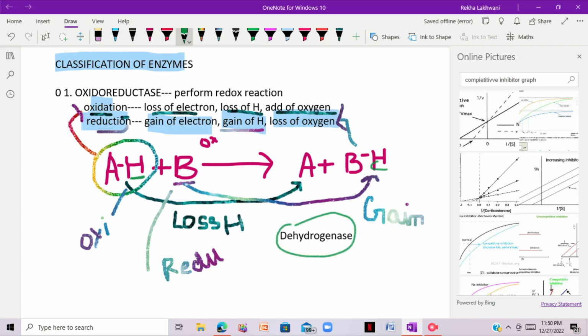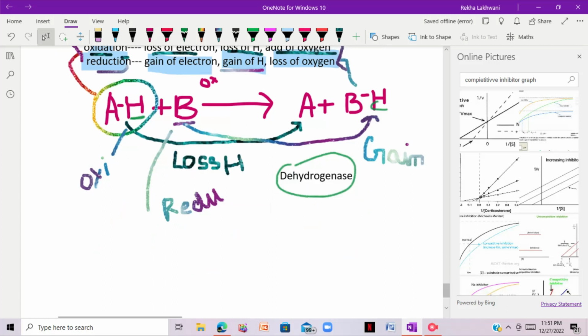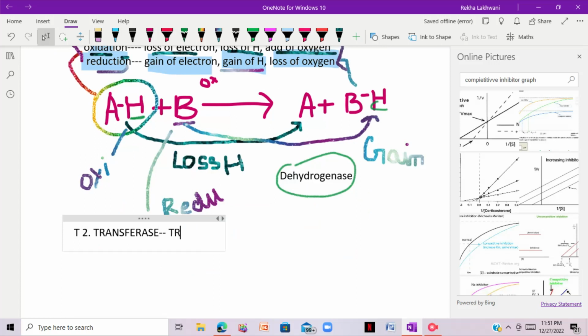Basically, what it actually does is it transfers one group of molecule to other. But the group should be anything except hydrogen, because if it's hydrogen, then it will be oxidoreductase, right? Except hydrogen, right?